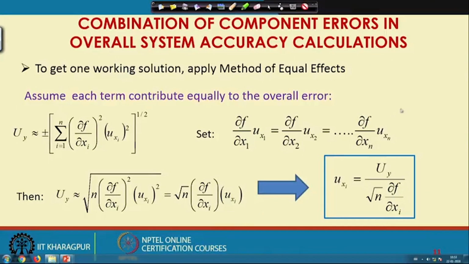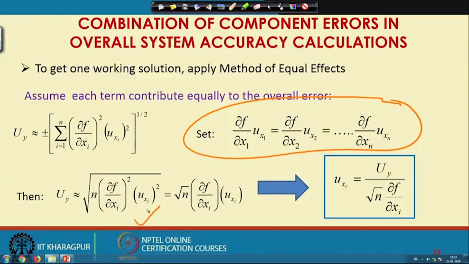So, the moment I say that these are all equal, I can write this. Let us say these are all equal to del f del x i u x i. So, you have n such terms which have been summed up.